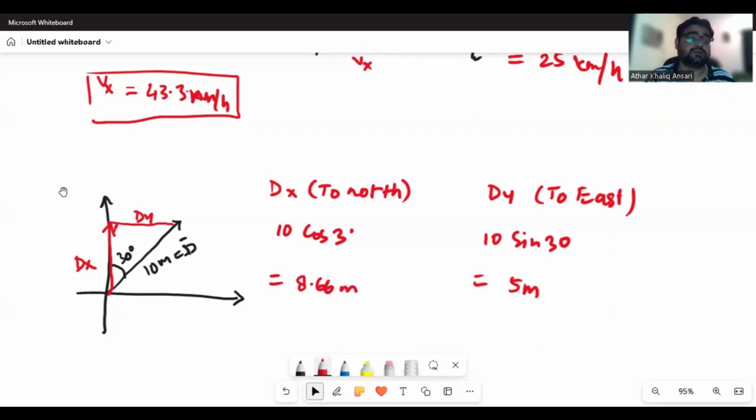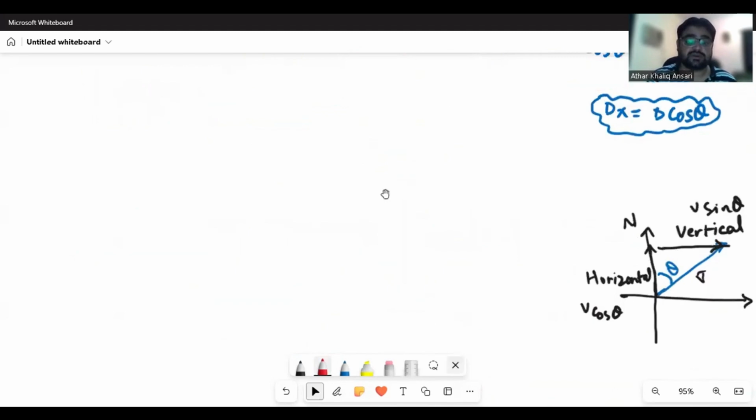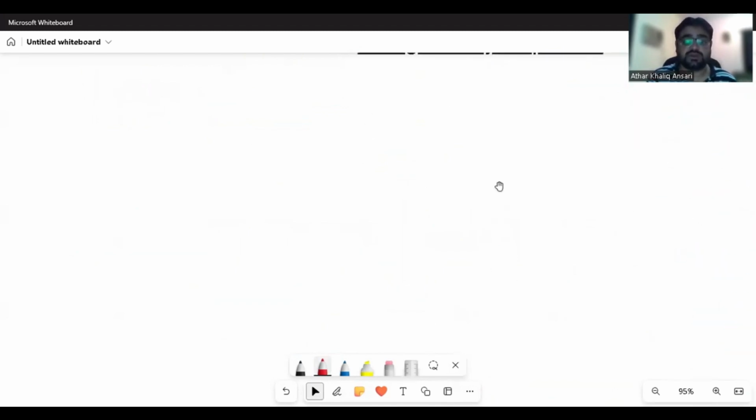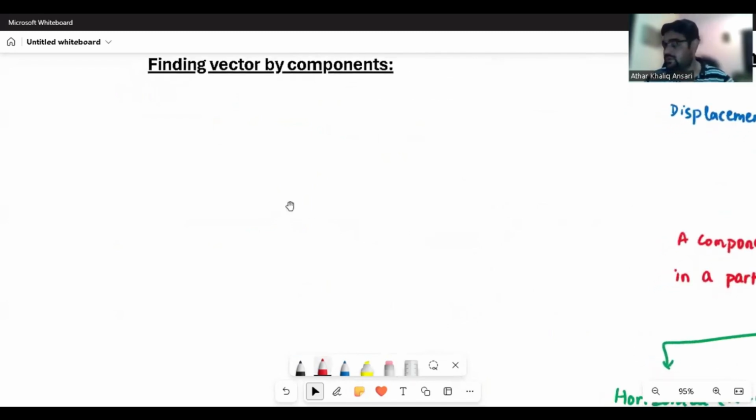Now, getting to the second part of the same lesson: when we have vector components, how to find the vector. For example, if you have two vector components, the rectangular components x and y. Let me try to draw it.